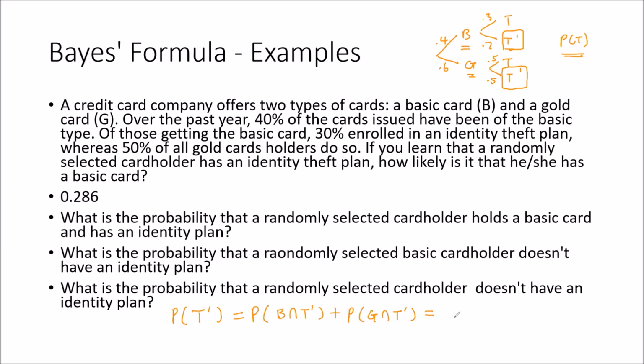Okay, so probability of T prime given B times the probability of B, plus the probability of T prime given G times the probability of G. And then you plug in the numbers from the tree. You have 0.7 times 0.4 plus 0.5 times 0.6. So you have 0.28 plus 0.3, 0.58. So that's the answer for this one.